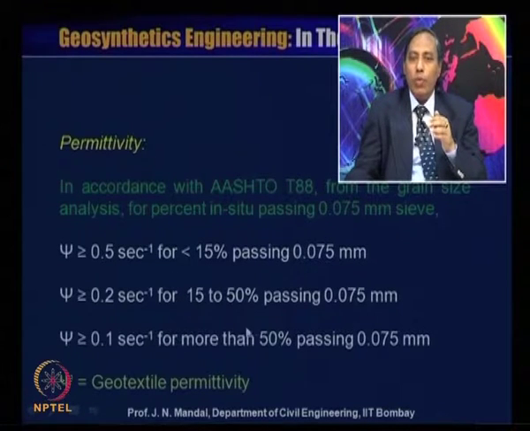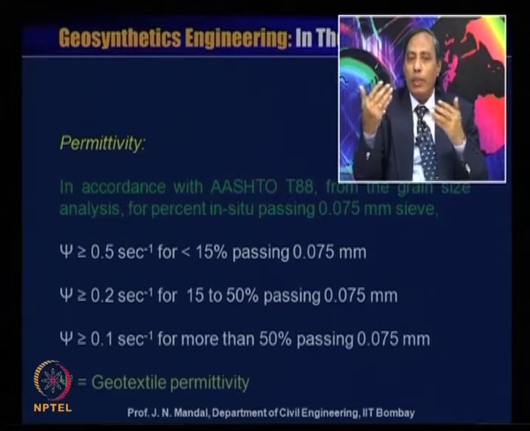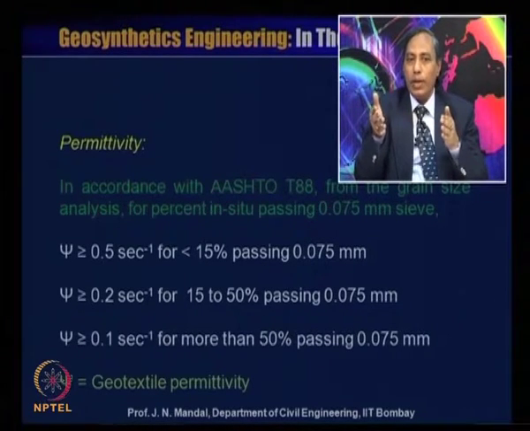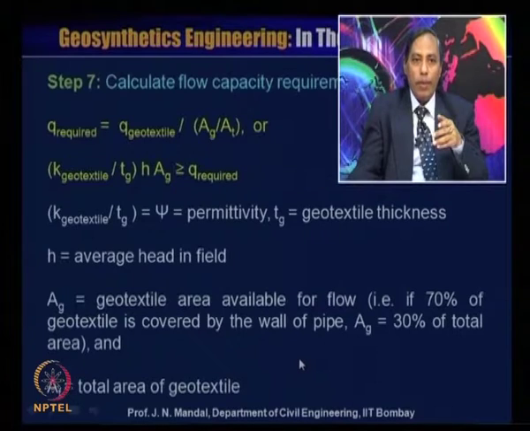So, you will be knowing what percentage is passing, whether it is less than 15%, 15 to 50%, or more than 50% passing 0.075 from the grain size distribution curve. Accordingly you can select this permittivity value for the geotextile material.